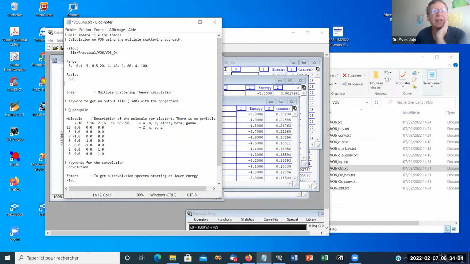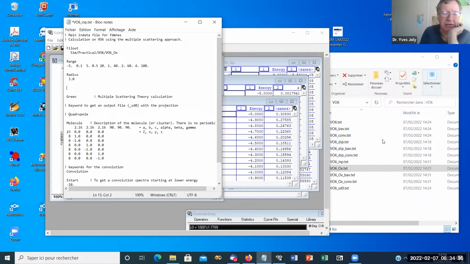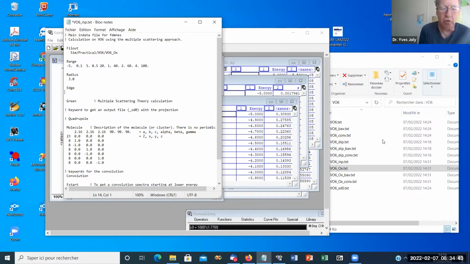And now about the edge, by default it's the K edge. But if you want to calculate another edge, you write the keyword edge, and below, if you write K, it will be the same as the default. But you can write what you want. For example, if you write L2, it will be the L2 edge. Or M4, it will be the M4 edge.